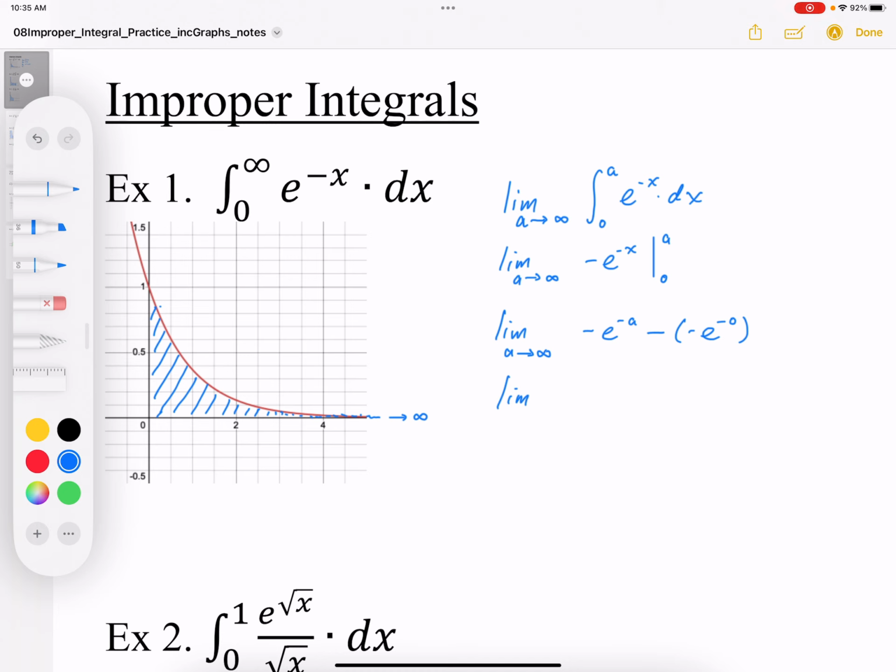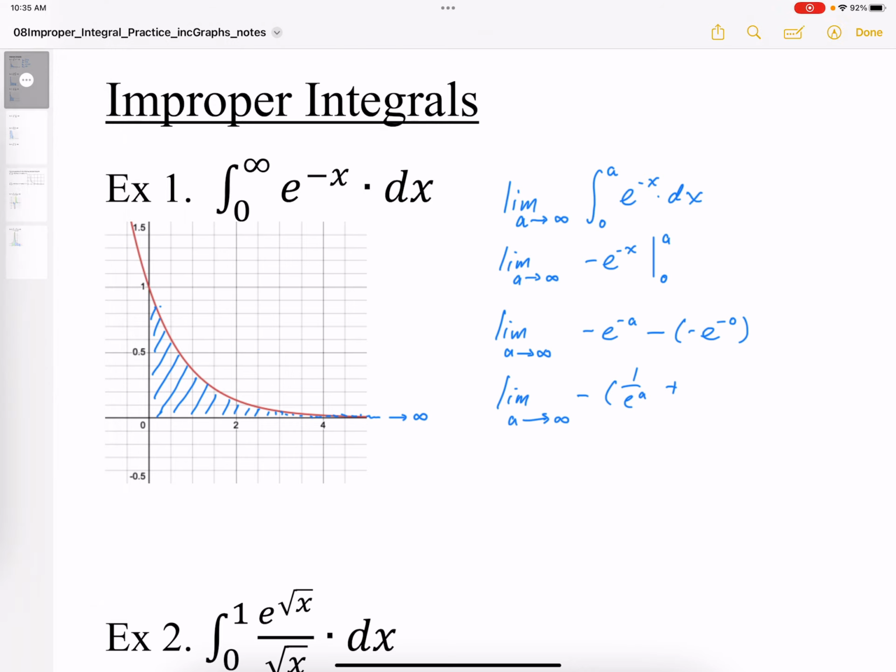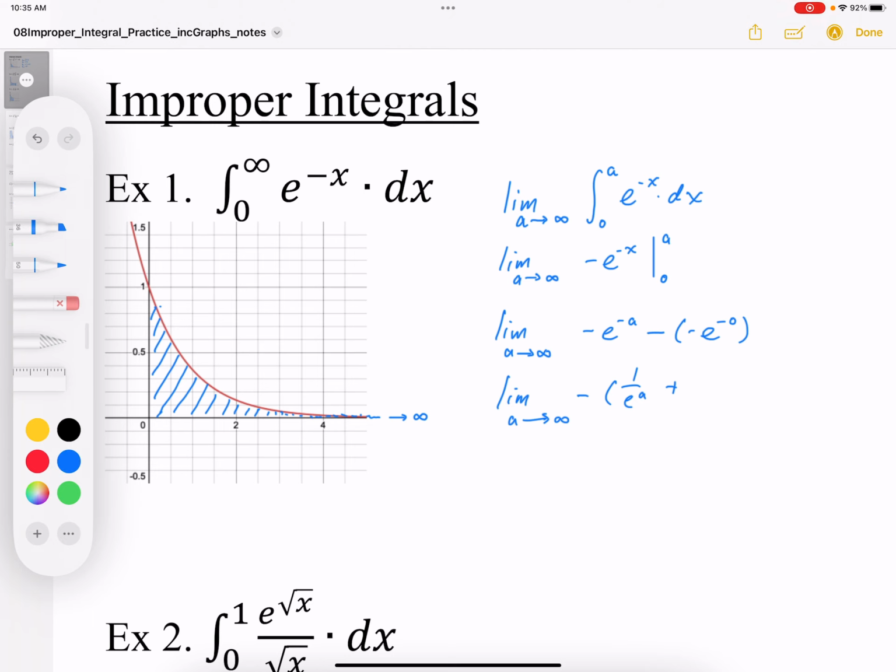So limit as a approaches infinity, and let's simply just make this a little bit nicer looking, 1 over e to the a minus, and we're going to factor that negative out, so we're still going to have a negative in there, not that it really matters. So it's going to be minus e to the 0, which is 1.